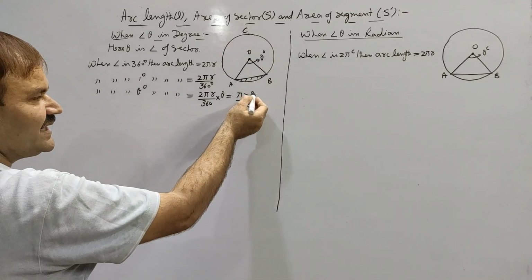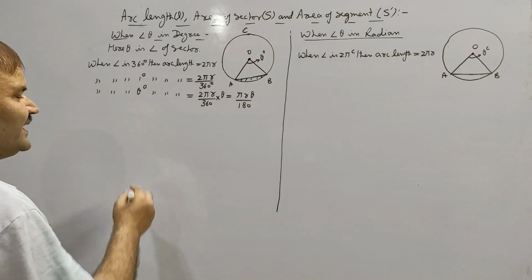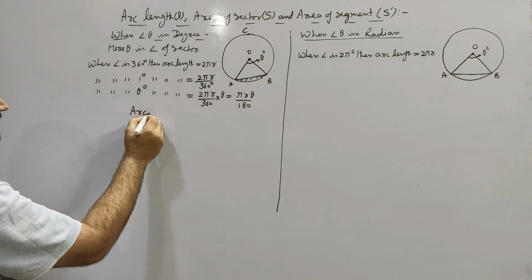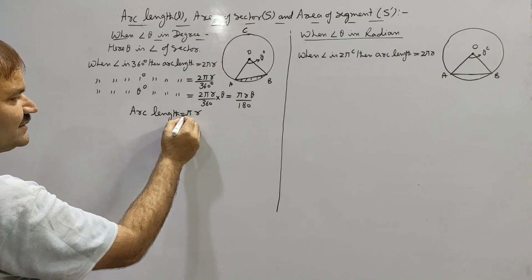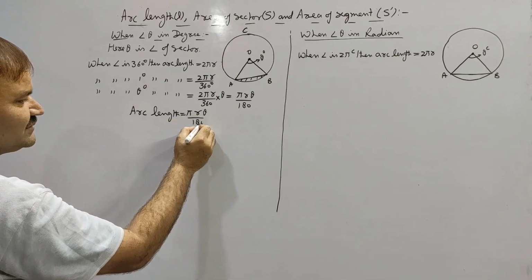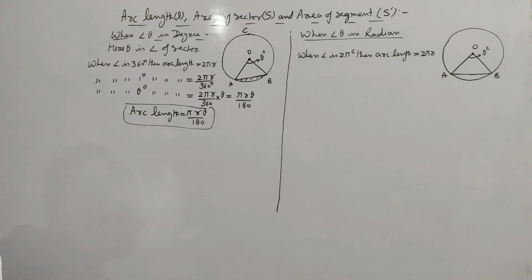Here 180 as well as theta are both in degree. So arc length will be pi r theta upon 180 when the angle is in degree.